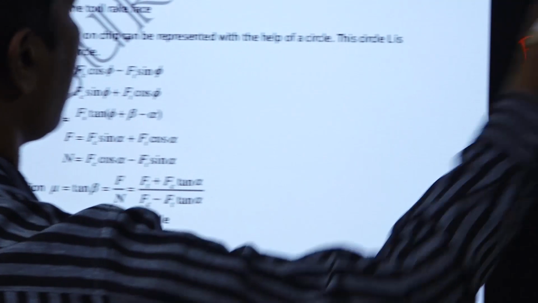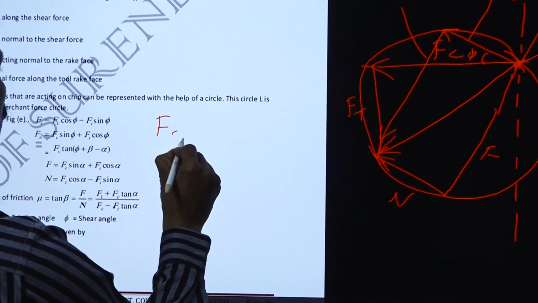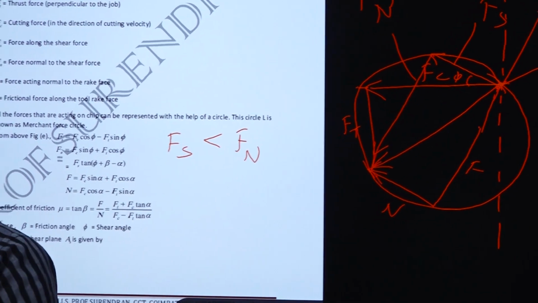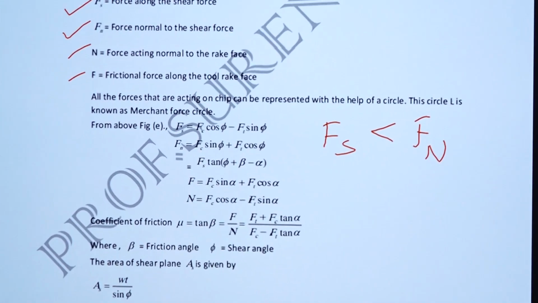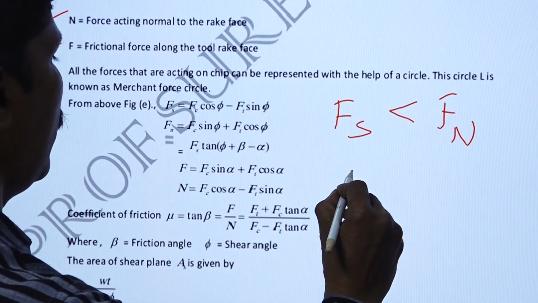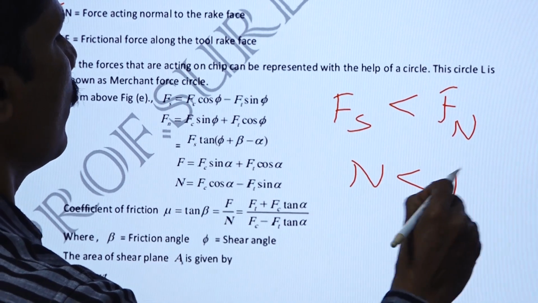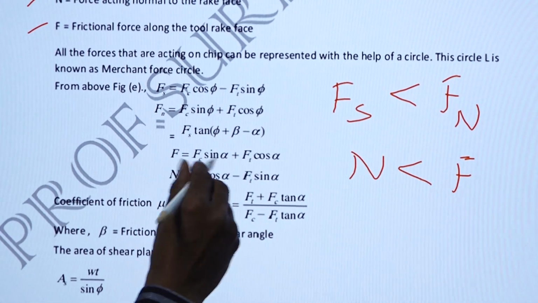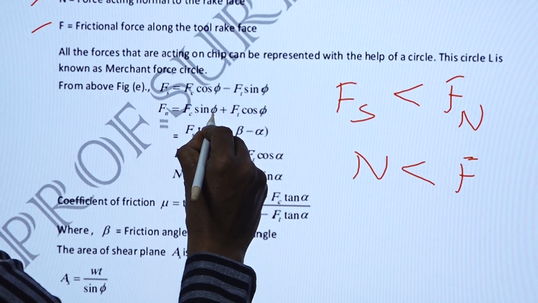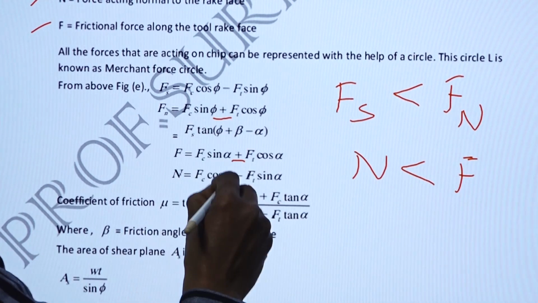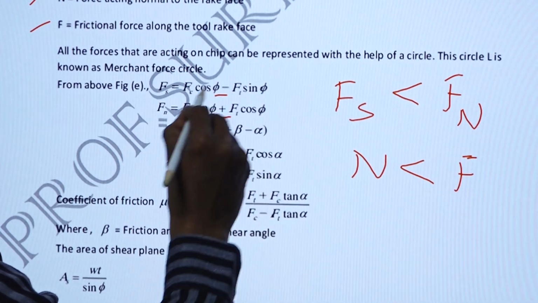Here you can see that Fs is smaller than Fn. Similarly, the friction force N is smaller than F. So whenever it is the larger force, the plus will come. Here Fn is larger, so plus, and the smaller force gets negative.